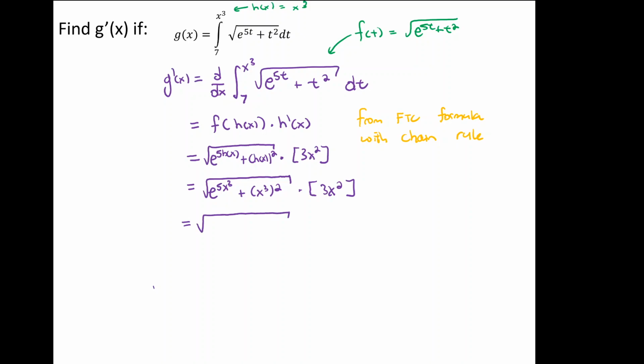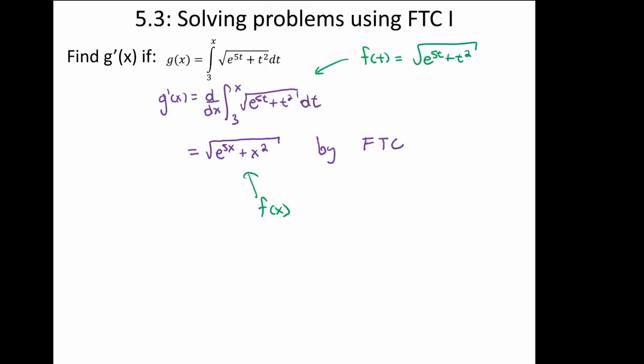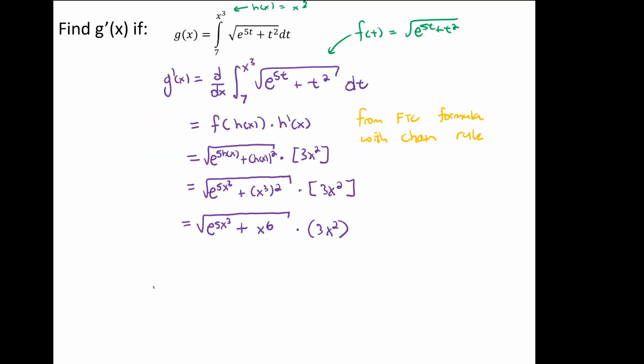We have a power to a power, the powers multiply, so e to the 5x cubed plus x to the power of 6 times 3x squared. And notice what is coming out of all of these: these are functions. We're getting a function of x that is extracted from this procedure.